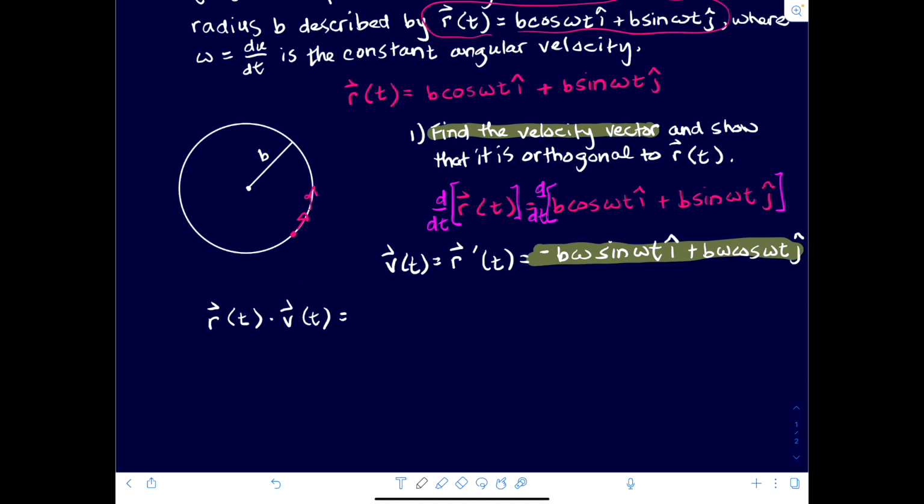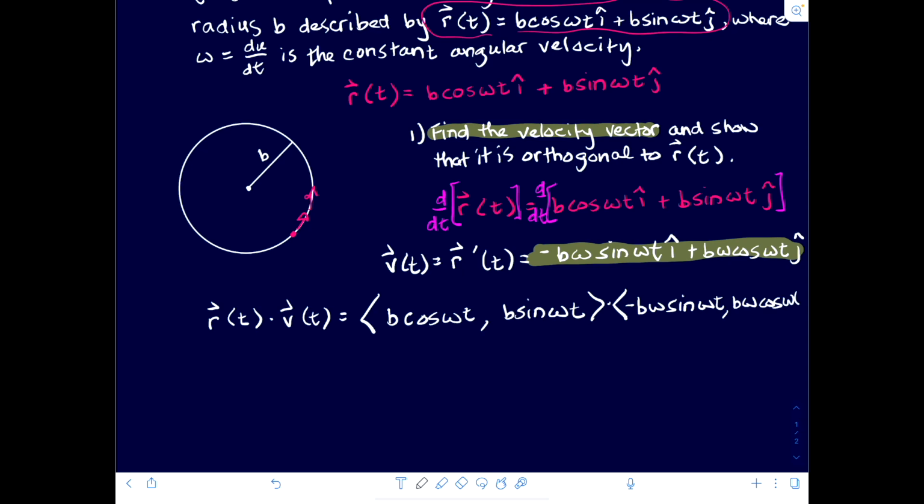So here you would have the first vector, r at t, remember, was in the pink. So the first component is b times cosine omega t, and the second component is b times sine omega t. For our velocity vector, the first component is negative b omega sine omega t, and then the second component was b omega cosine omega t.